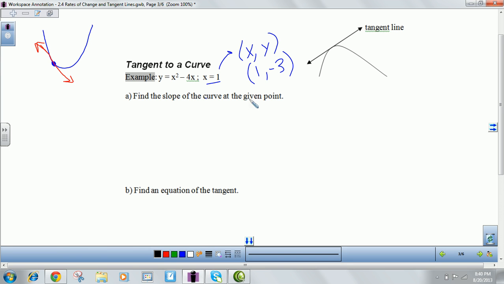Now, we need to figure out the slope of the secant line. So remember, in this case, basically what we're doing is f of x plus h minus f of x, all over h.